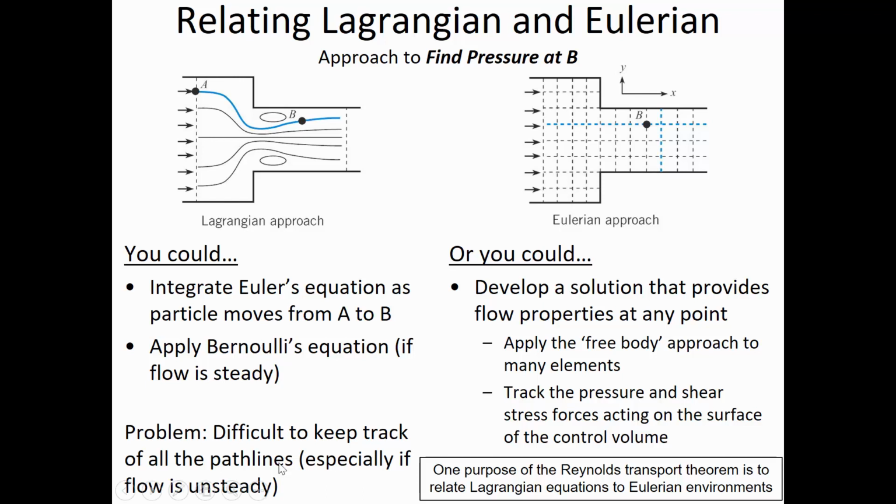These equations are really elegant and beautiful, but they don't apply as easily as we'd like because of friction losses and because we're not always applying them along a streamline. So the Reynolds transport theorem is a solution to those problems.